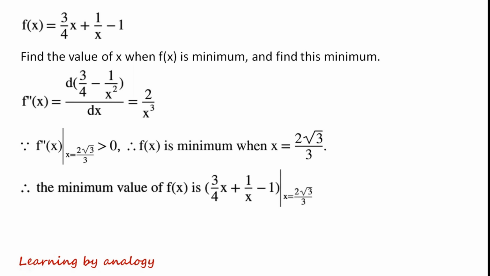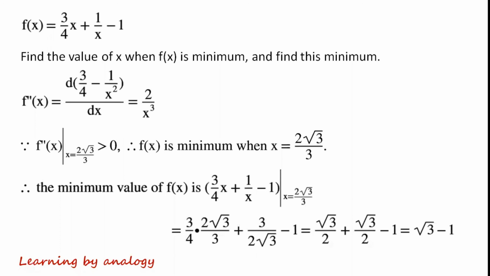So the minimum value of f of x when x equals 2 root 3 over 3 is equal to 3/4 times 2 root 3 over 3 plus 3 over 2 root 3 minus 1.